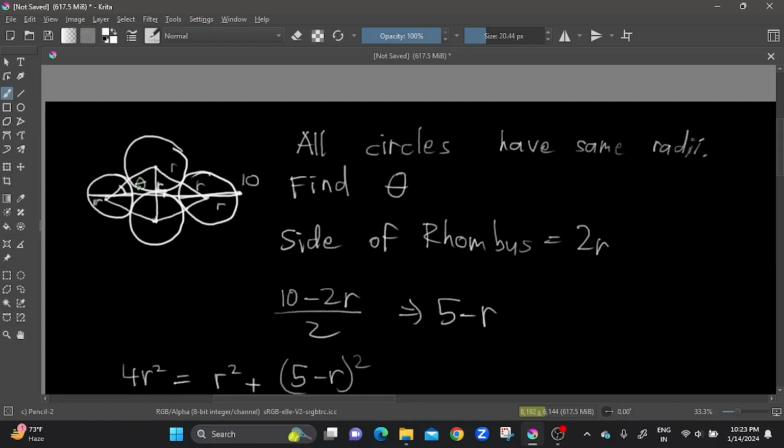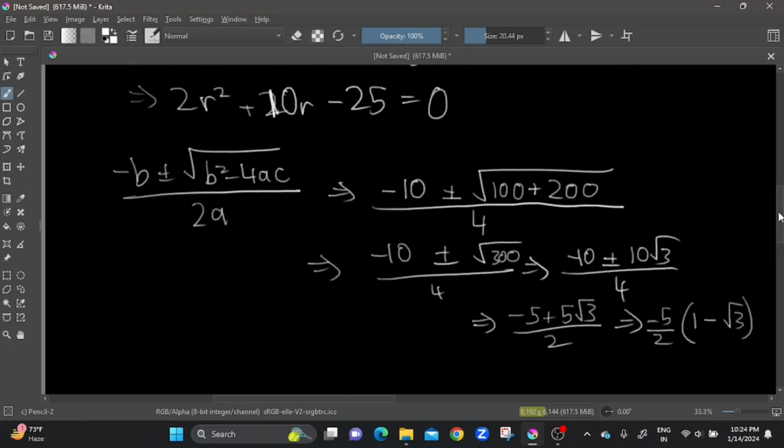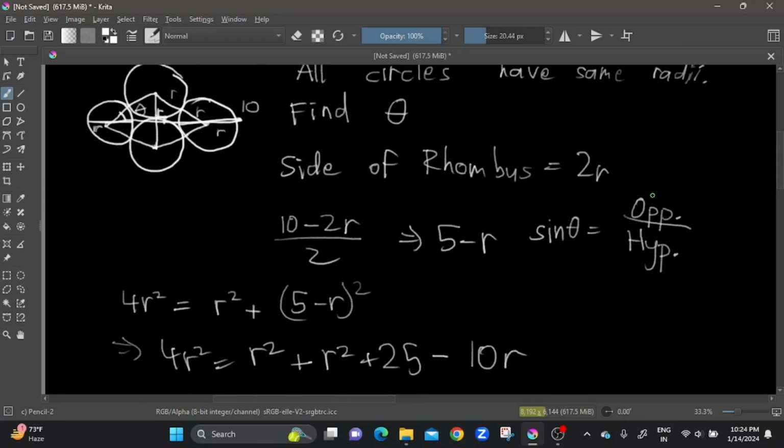So to find theta, now that we know it's a right angle triangle, we can simply use the formula sine theta is equal to opposite by hypotenuse, right? And we know the opposite side is the length r, and r we just found out is minus 5 by 2 into 1 minus root 3.